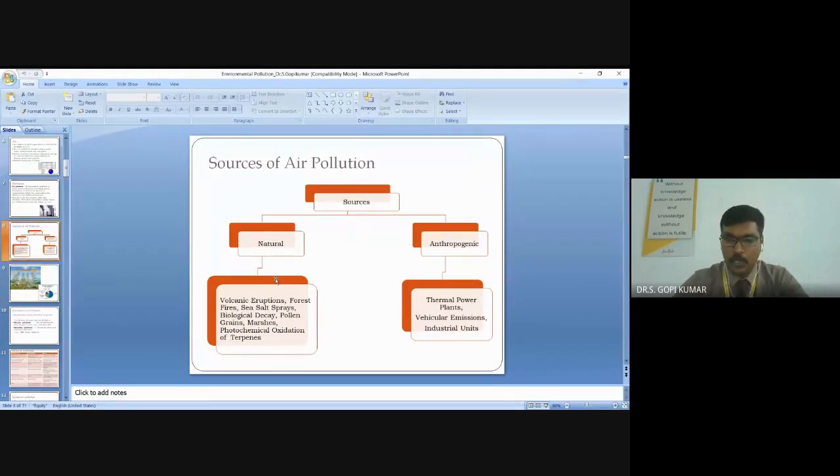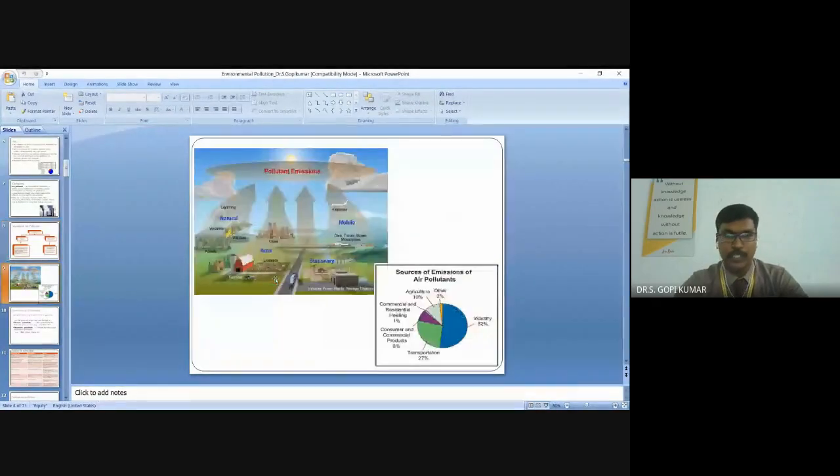Anthropogenic sources include thermal power plants, vehicular emission, and industrial units. Air pollution is caused by natural calamity and by industrial or vehicular sources. With this, we shall move on to the effects of air pollution.